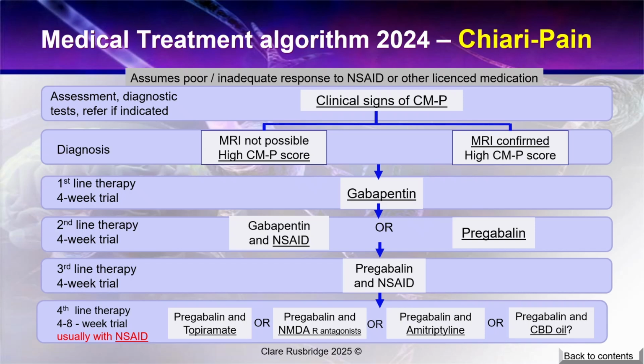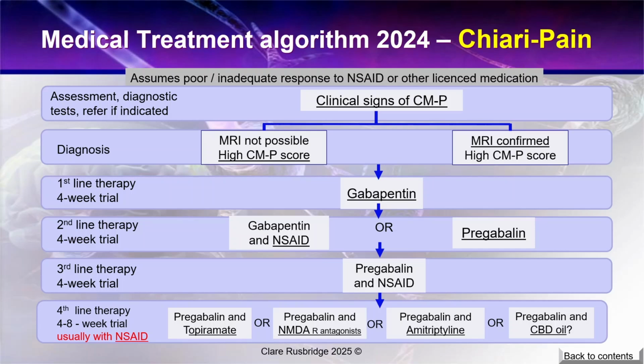So I wanted to spend some time talking about treatment, as this is usually the area that people really want to discuss. And I've put in here the treatment algorithm, which is for 2024, that it hasn't needed to be updated for 2025. And this is available on my website, which is neurovet.co.uk.